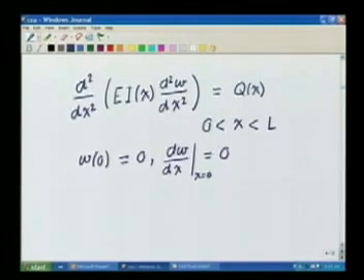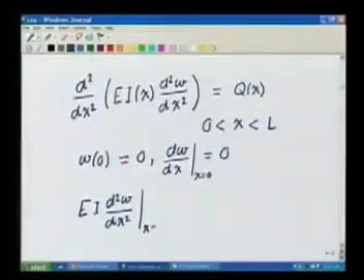This is the boundary condition at the point x equal to 0. Similarly, at the point x equal to L, we have an applied bending moment. So I will have EI d2W/dx2 at the point x equal to L is equal to M.